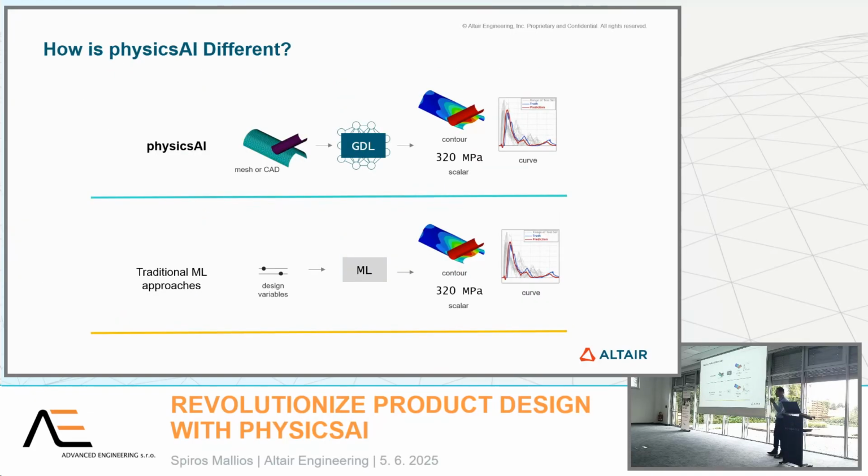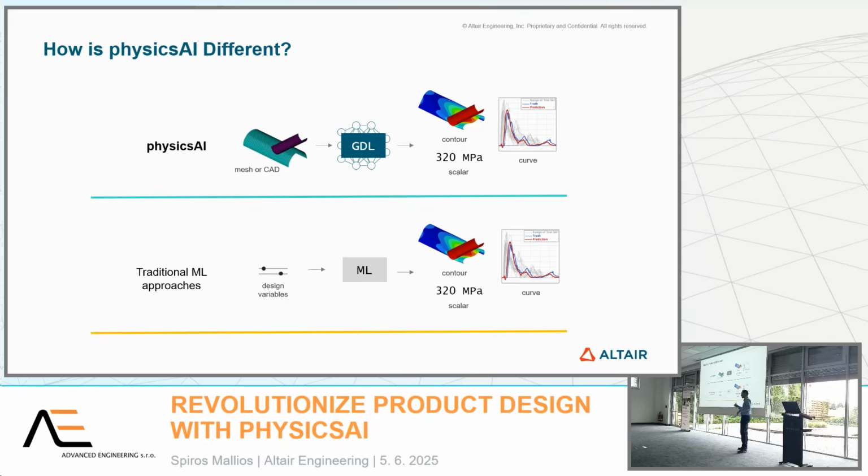Why is PhysicsAI different from all of the other solutions in the market, such as classical traditional ML approaches? We read directly the CAD. So we directly use the geometry or mesh, if you have it, and we learn from the CAD, we learn from the geometry. The biggest advantage is that you don't have to parameterize your model.